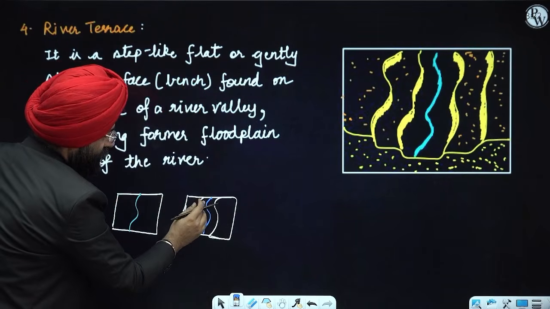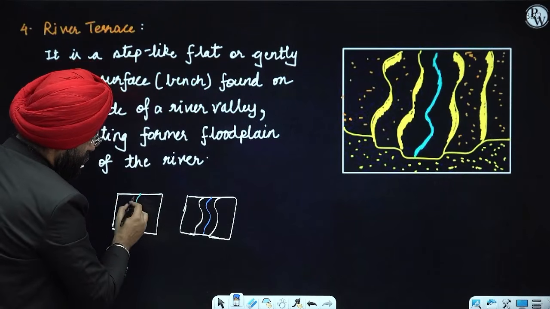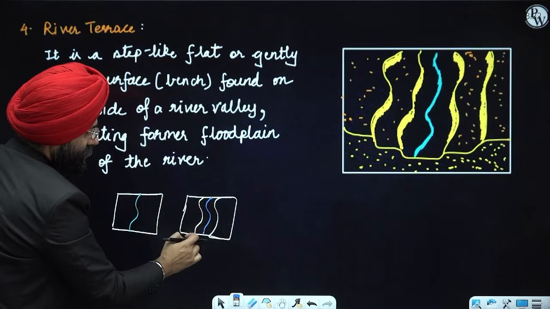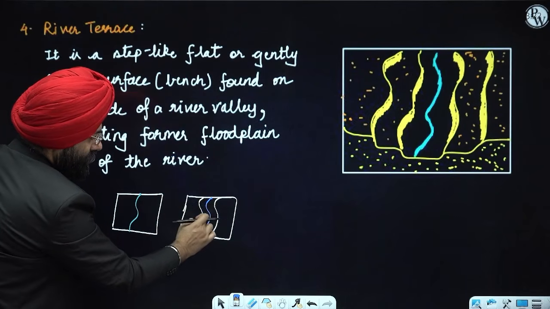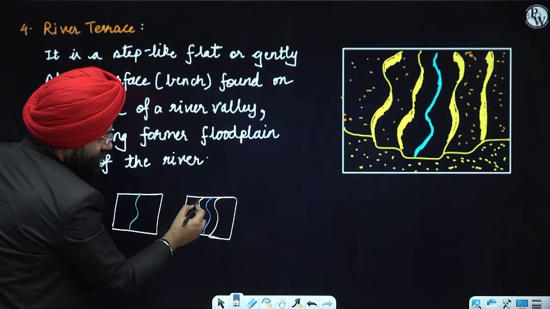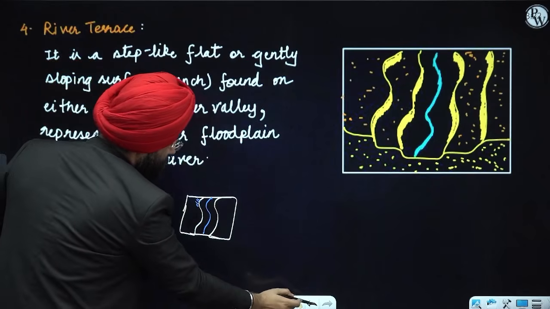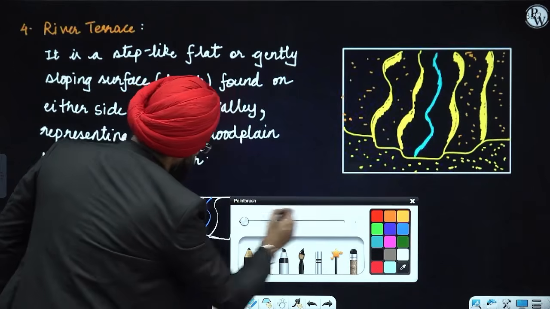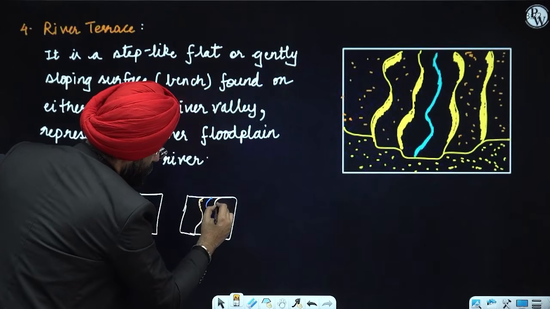Now, this is a staircase because of the erosional activities that are taking place. This is the meandering action because of which it will further move down. And because of this, this part will appear elevated.